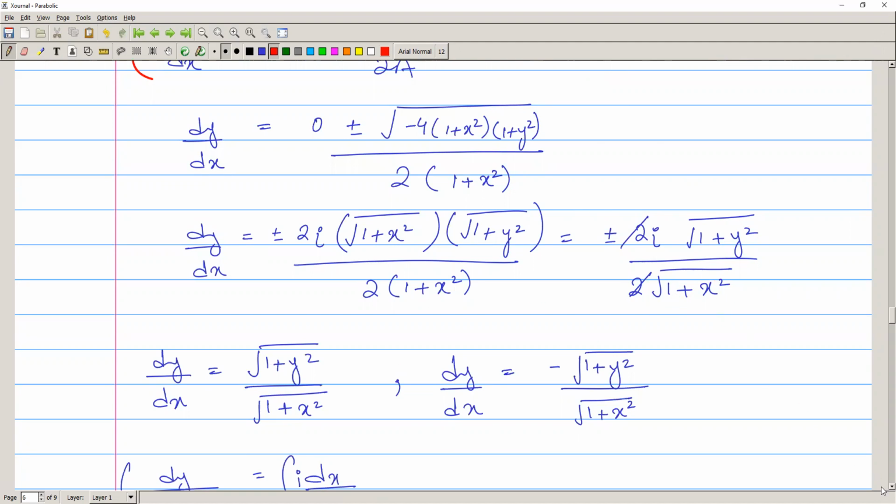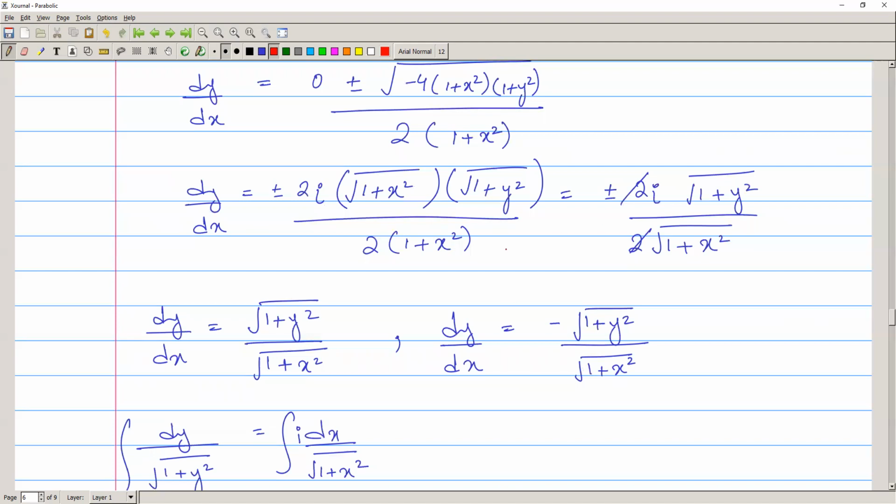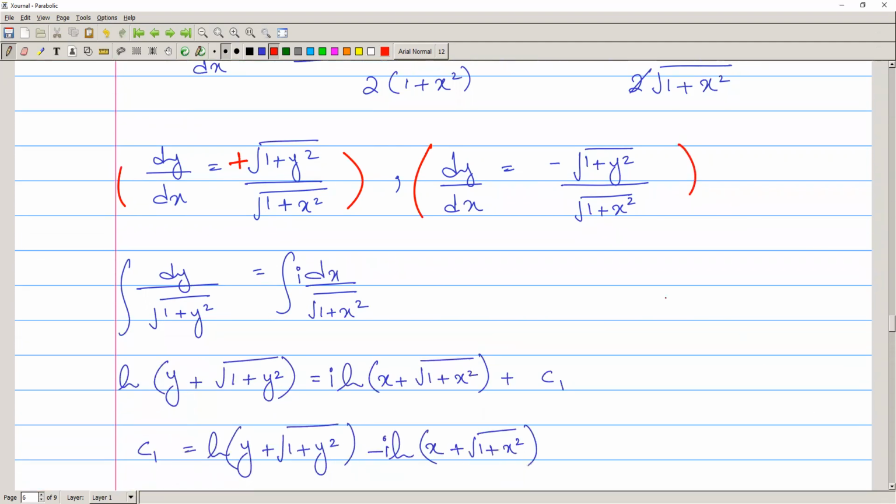So we can write one with positive and one with negative, right? So these are two roots, and this is a separable differential equation. We can see we can separate the variables, 1 plus y squared with y and 1 plus x squared with x. So we did, and we got this form, right?